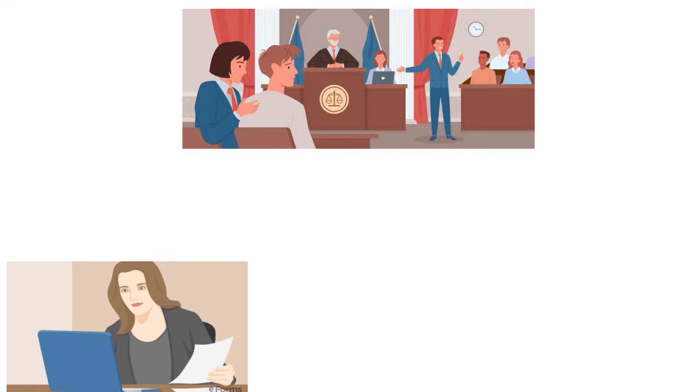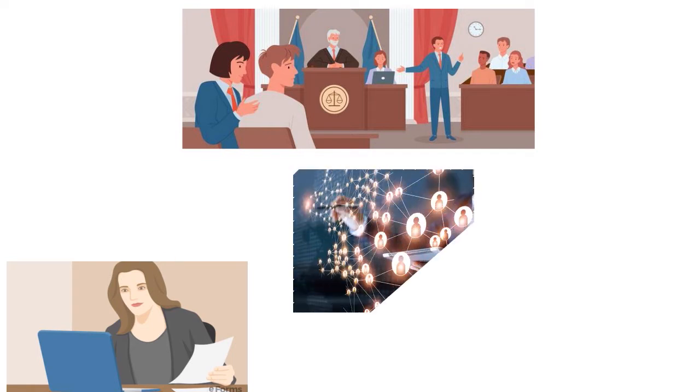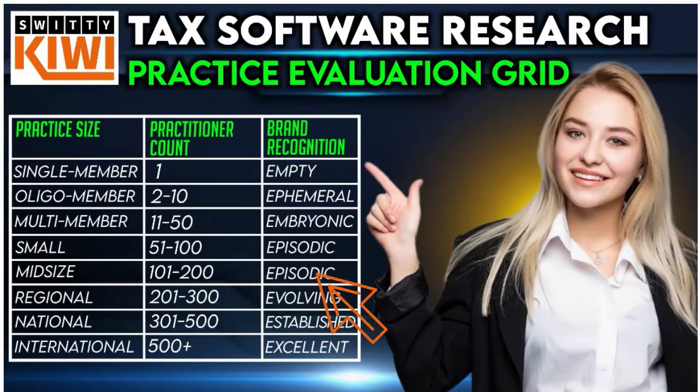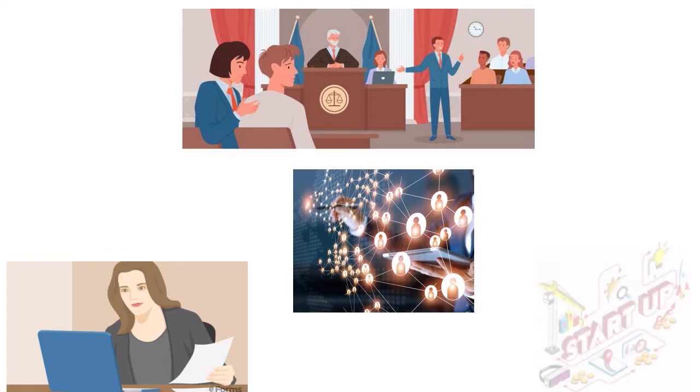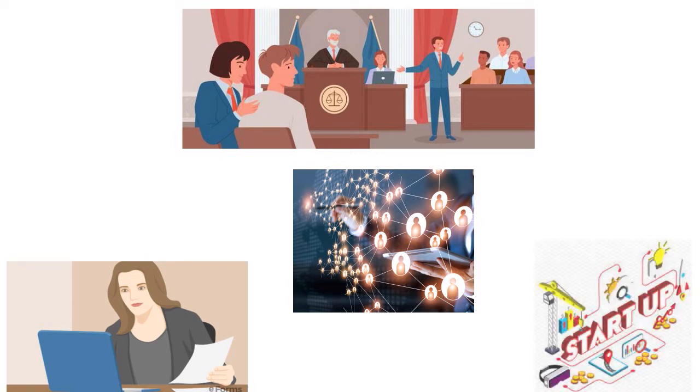You also have to think about the number of users, right? If you are a single member practice versus an international practice, the cost shouldn't be the same. So our suggestion, if you are a startup practitioner, let's just say you're just by yourself, is that you don't want to choose certain software tools.